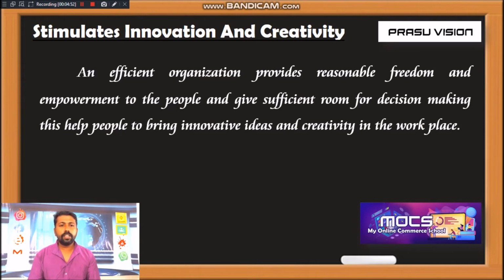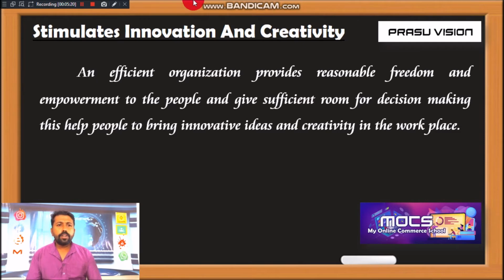So, organization always stimulates these innovative and creative efforts of workers. An efficient organization provides reasonable freedom and empowerment to the people and gives sufficient room for decision making. So, this helps people to bring innovative and creative ideas into the workplace.